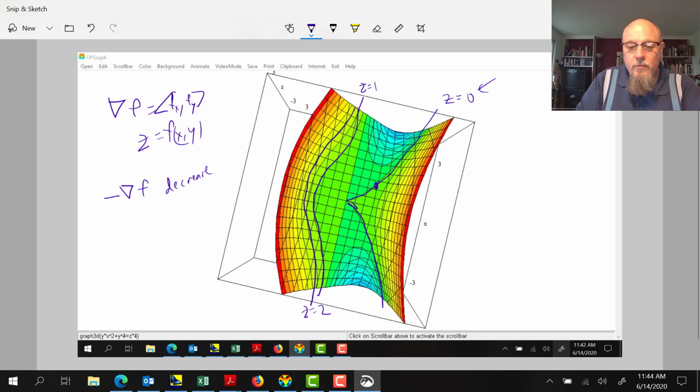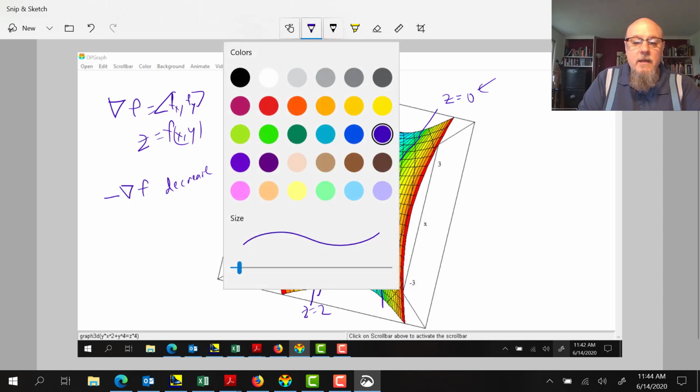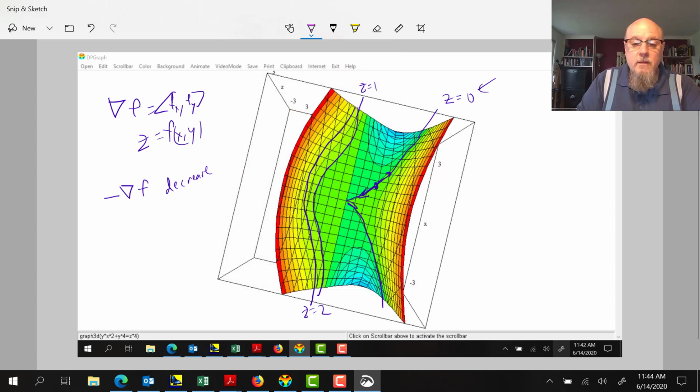If I go this way, that's on the level curve. So that's no increase, no decrease. If I go this way, that's perpendicular to the level curve. So that's the greatest increase. Anything that isn't perpendicular has a little bit of a component in the level curve, which is me walking a little bit along the level curve.